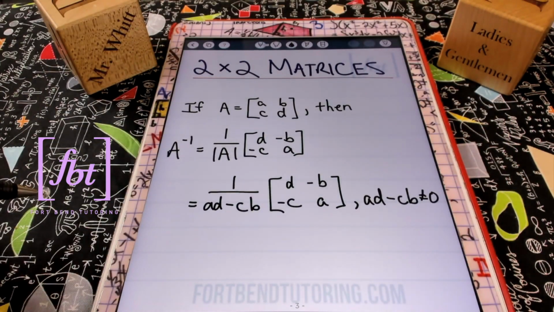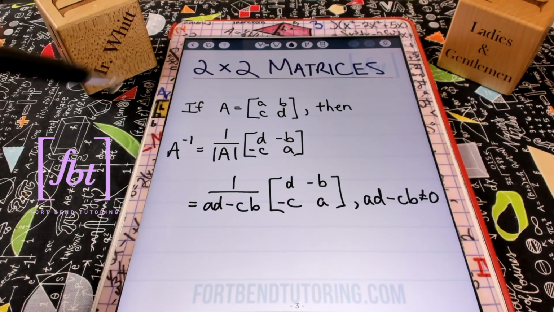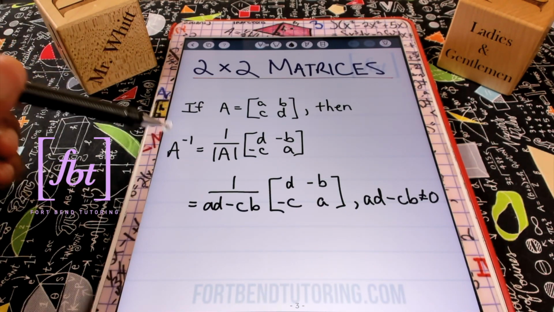One of the methods for solving 2x2 inverse matrices is to follow this formula right here.